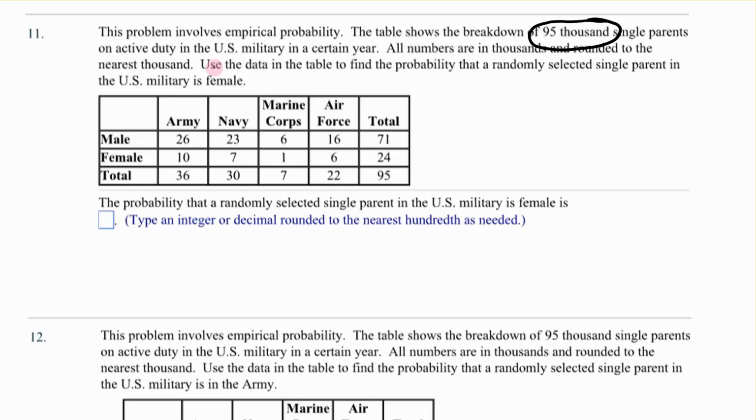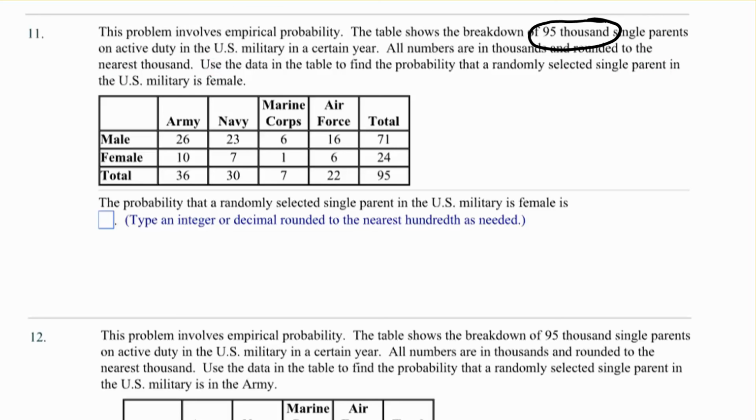So in other words, if I see 26, this is 26,000. It might have started out being 26,215, but it rounded to the nearest thousand, 26. Use the data table to find the probability that a randomly selected single parent in the military is female.